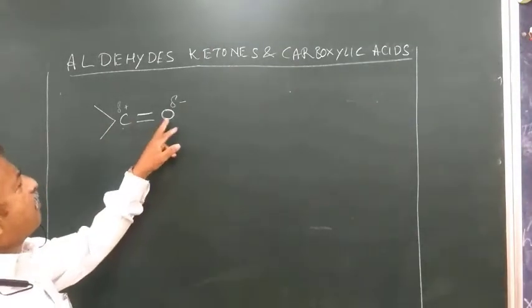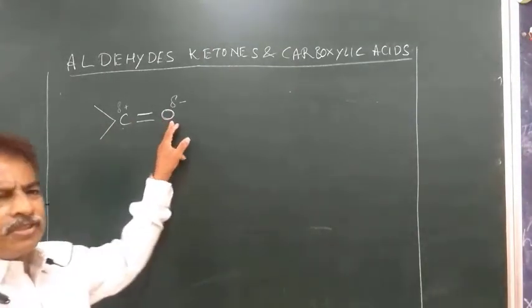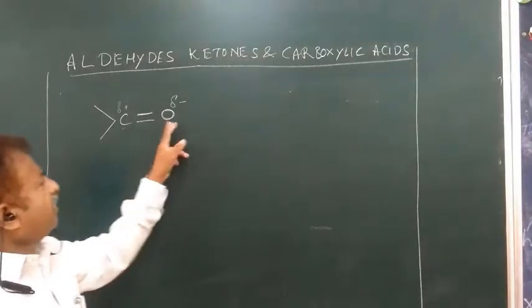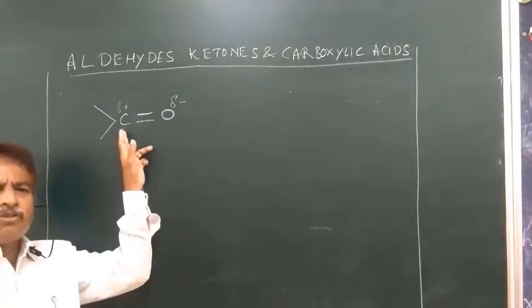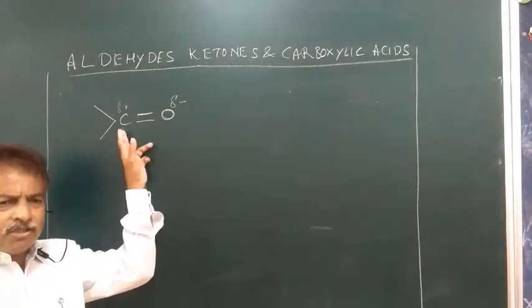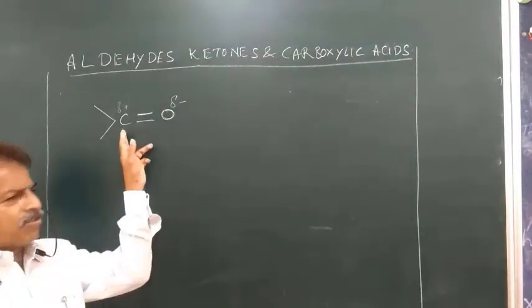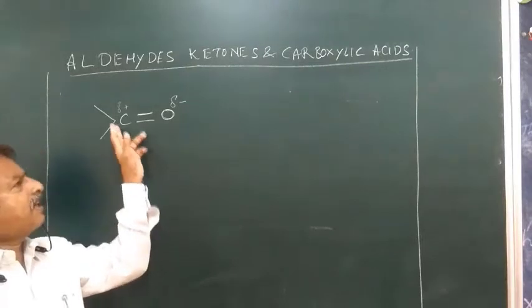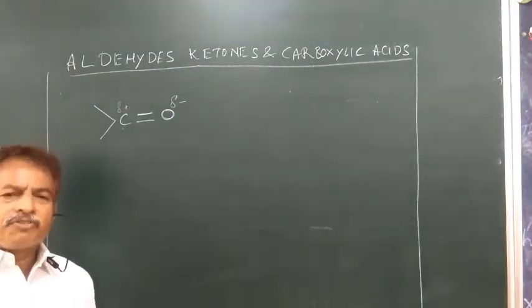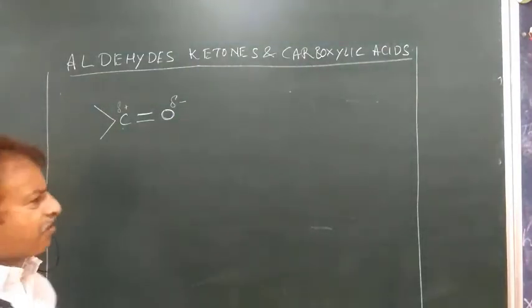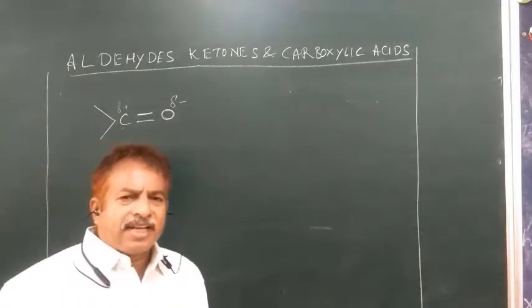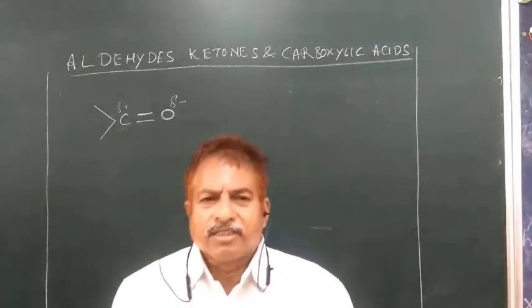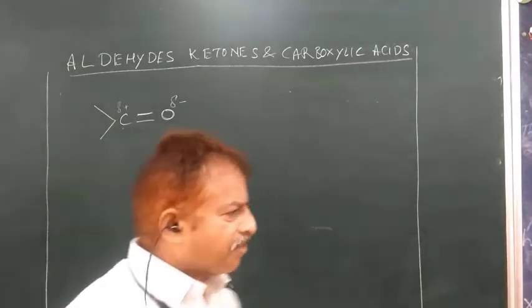Due to the partial negative charge, an electrophile attacks the oxygen, whereas a nucleophile attacks the carbon atom. Since the nucleophile attacks the carbon atom first, these reactions are referred to as nucleophilic addition reactions. Now let us see the reactivity towards nucleophilic addition reactions.